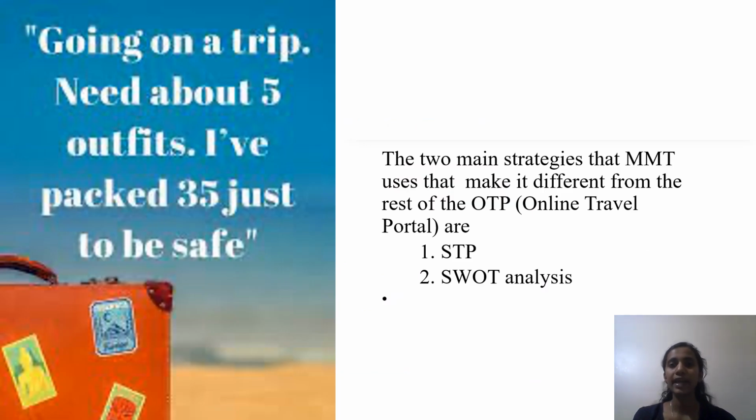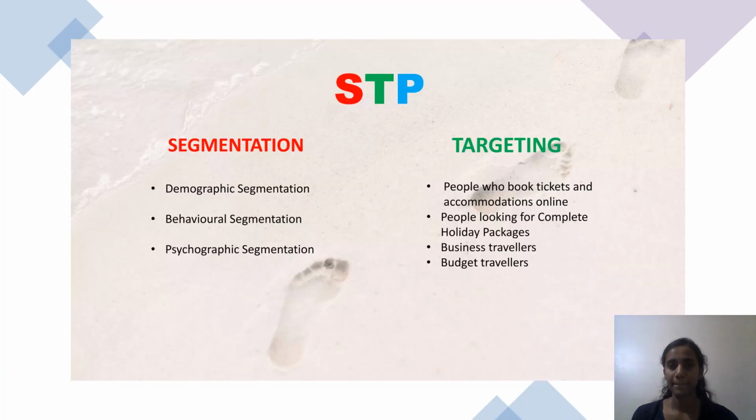Then there are two main strategies that MakeMyTrip uses that make it different from the rest of the online travel portals, that are STP and SWOT analysis. Coming to the STP, that is segmentation, targeting and positioning. Coming to the segmentation, there are demographic segmentation, behavioral segmentation, and psychographic segmentation.